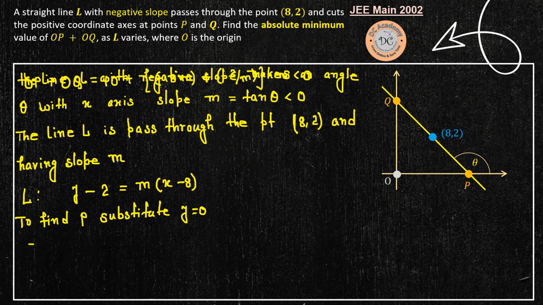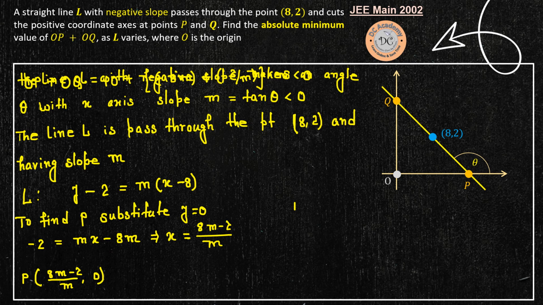So if I substitute, minus 8 is equal to mx minus 2m. That implies the x coordinate of the point P can easily be written as 2m minus 8 divided by m. So the coordinate of P is (2m minus 8)/m, comma 0.